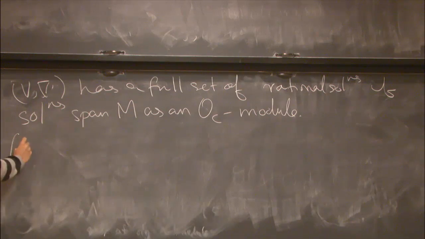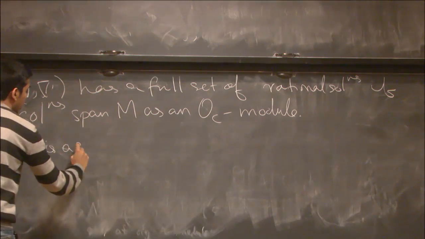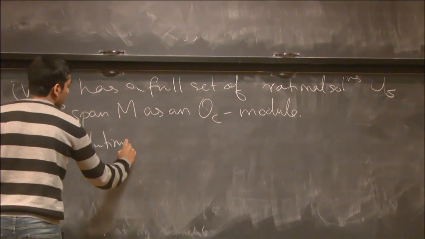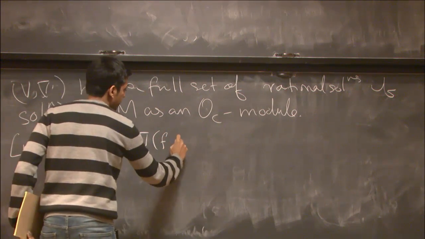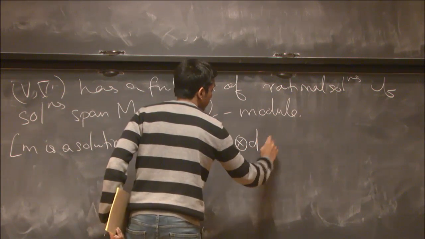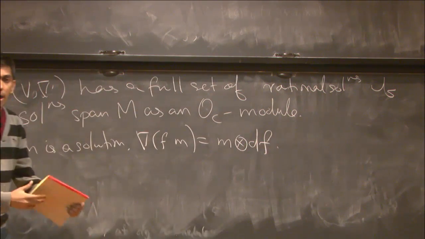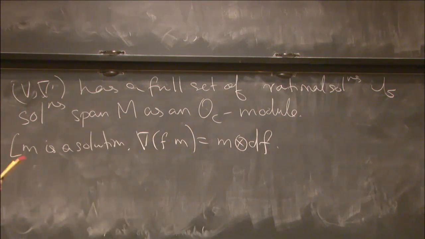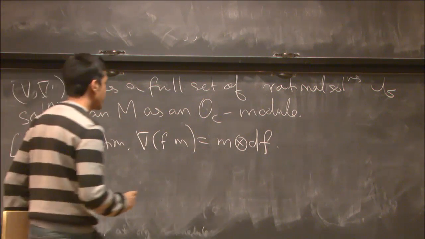So maybe I should say that if M is a solution, then nabla of F times M is going to equal M times dF. And so the solutions are not going to be an OC submodule of M.